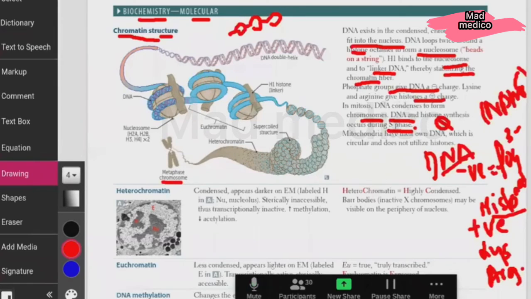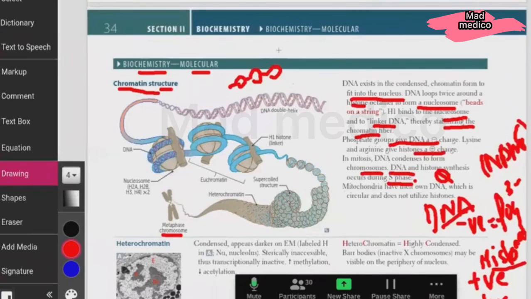Next one is the mitochondria. They have their own DNA, which is circular, and it does not utilize histones. The fact that mitochondria has a circular DNA, give this 5 stars. Next time you receive a question on NBME about which organelle has a circular DNA, your answer is mitochondria.